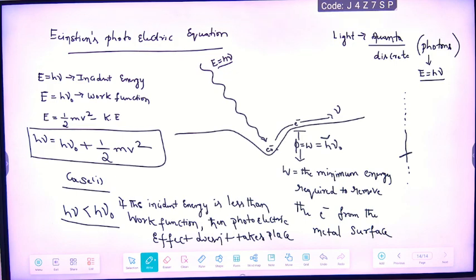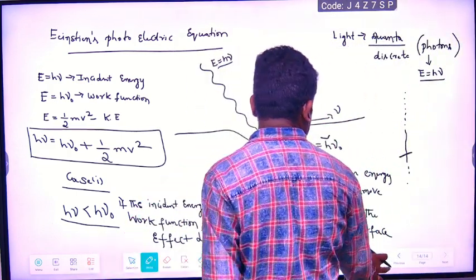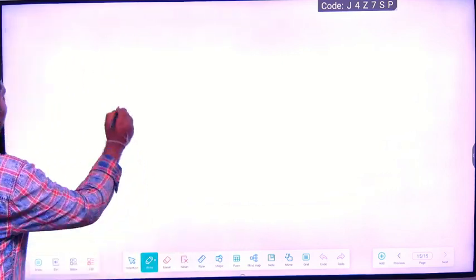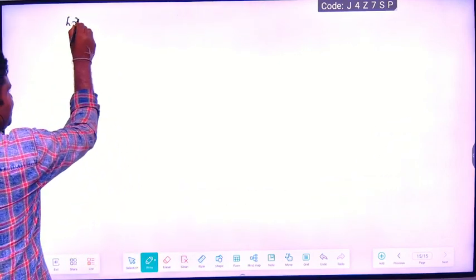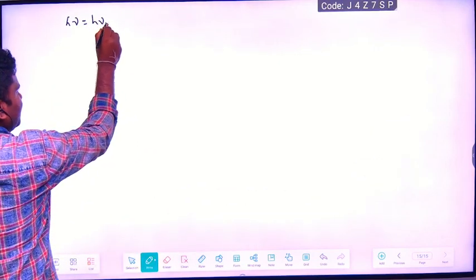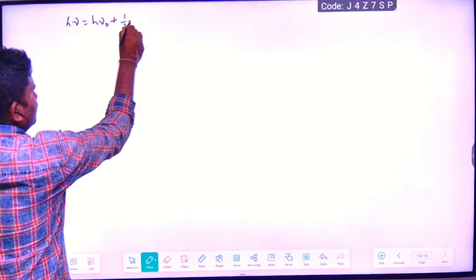Next, case 2. So what is Einstein's equation? h mu is equal to h mu naught plus half mv square, right?